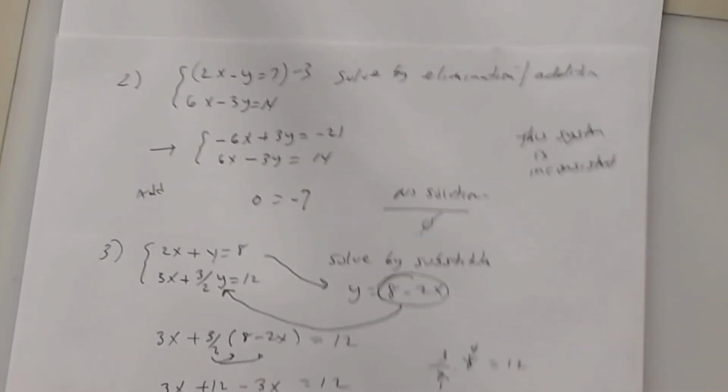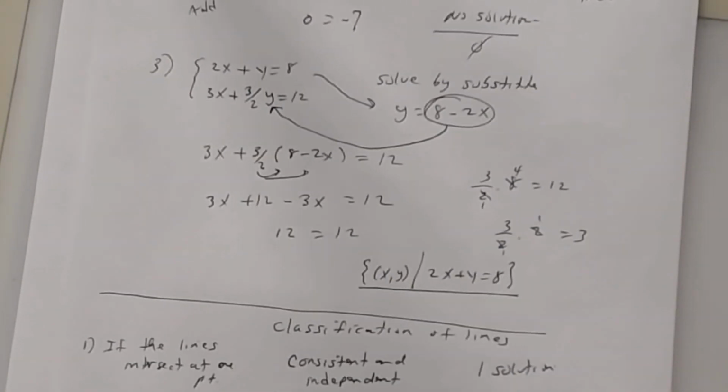All right, classify the third one for me. Consistent because it has at least one solution. In fact, it has how many? An infinite number. But what can you tell me about the relationship among the equations? They're dependent. They're the same graph.